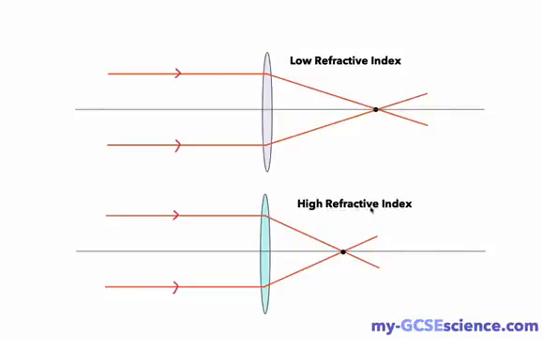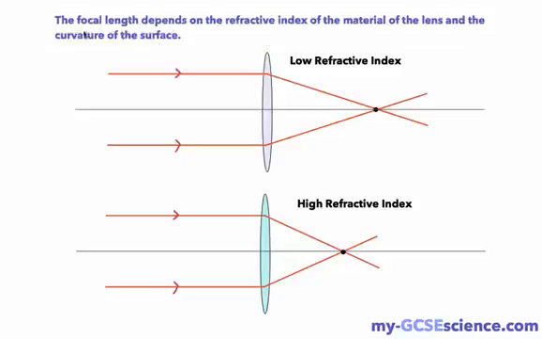The higher refractive index actually indicates that the light rays refract more. So the key thing to remember here is the focal length depends on 2 things. It depends on the refractive index of the material of the lens and the curvature of the surface. So refractive index and the curvature. And the curvature is usually related to the thickness of the lens, and that's quite important to remember.